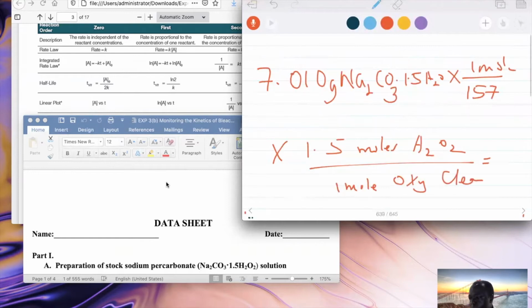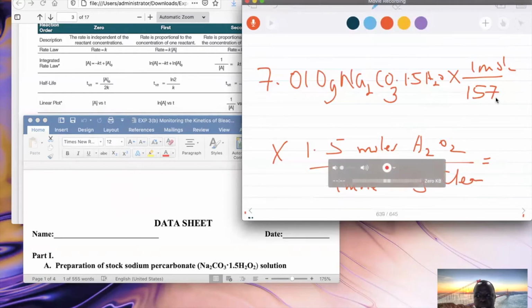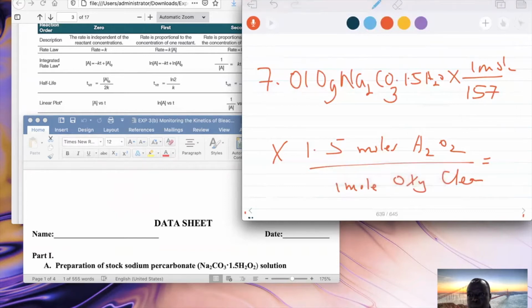You already know the mass. Using the molar mass of OxiClean, please double check the exact mass. I think this is what it is. Let me just give you the exact one.